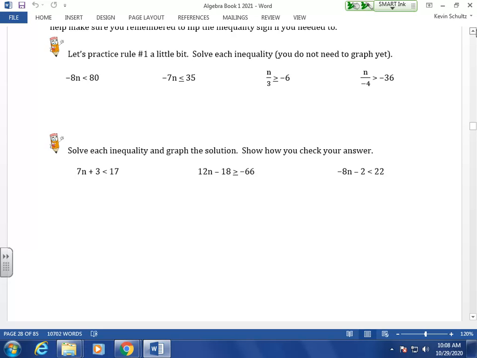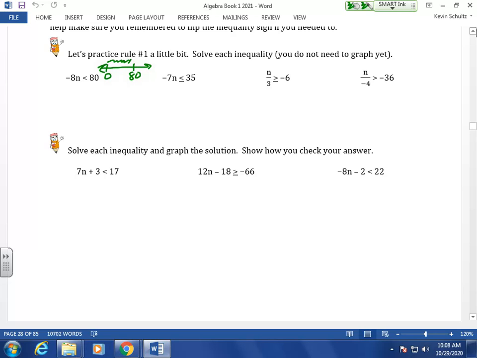We're looking for the left side of this inequality to be on the 0 side of 80. If -8n is less than 80, less than 80 is over there. It's on the 0 side.